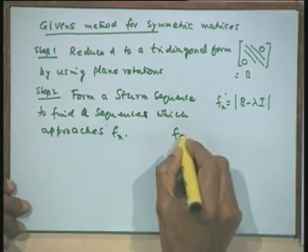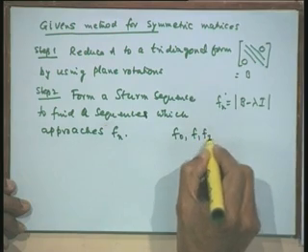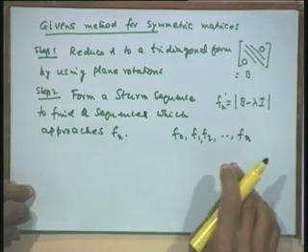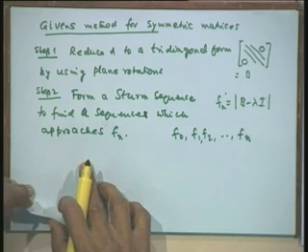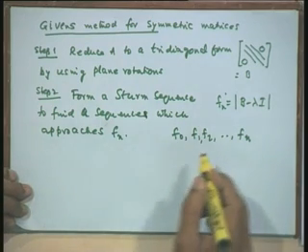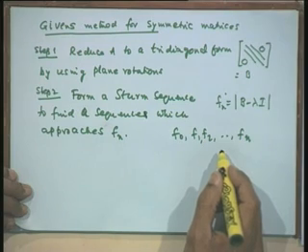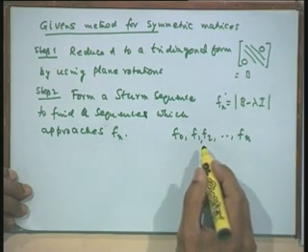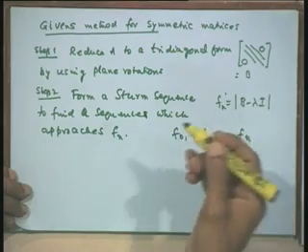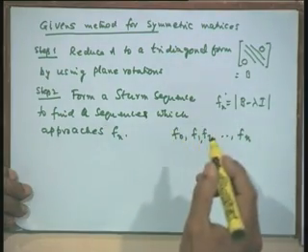That means, we are going to derive a sequence f naught, f 1, f 2, and so on, and the last member of this sequence is our characteristic equation. Once it is a Sturm sequence, I can find the number of changes in sign in any interval a b and then determine the number of eigenvalues that are there in the interval a b.